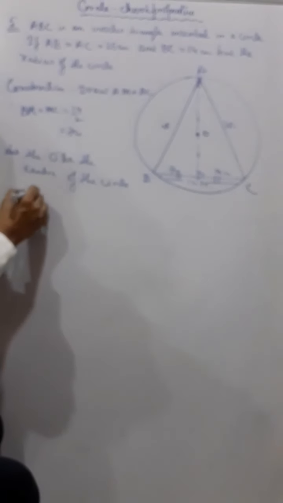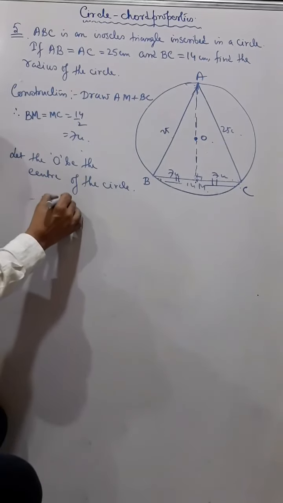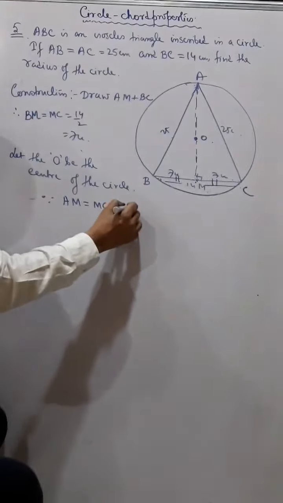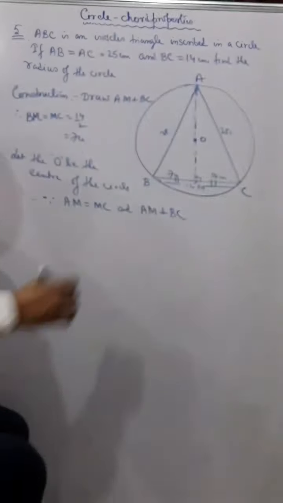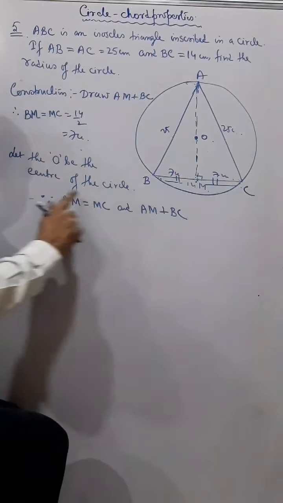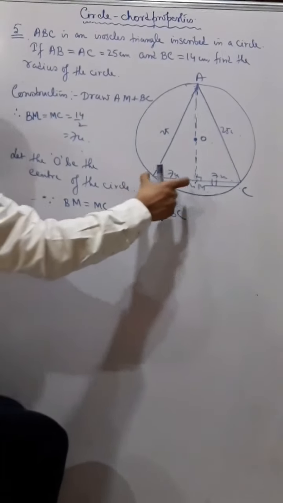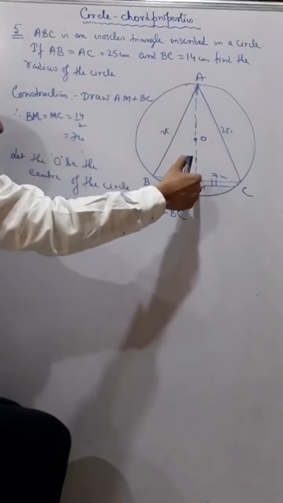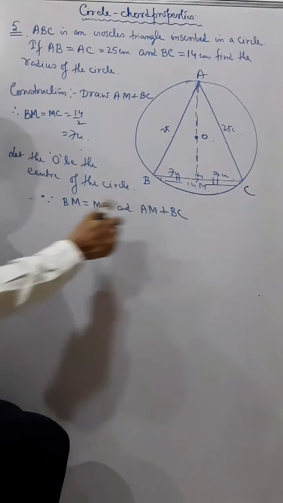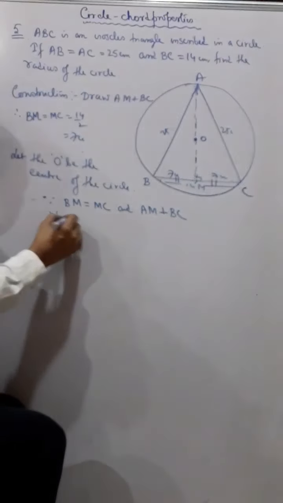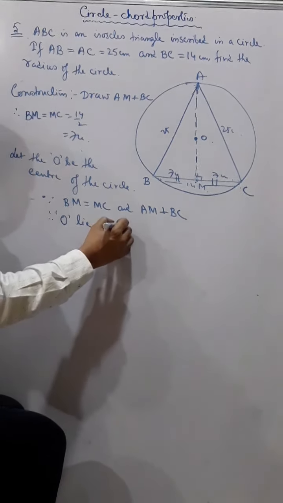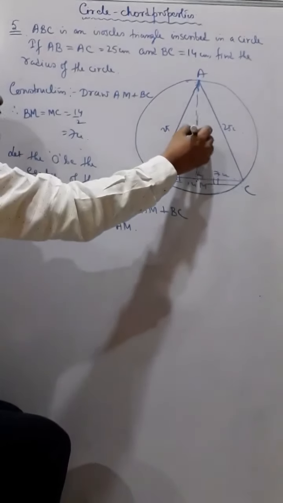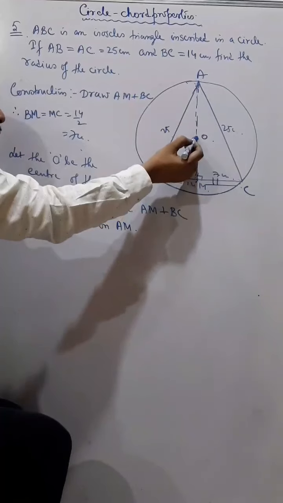Now since BM equals MC and AM is perpendicular to BC, therefore we can say O lies on AM. O should lie on AM only.